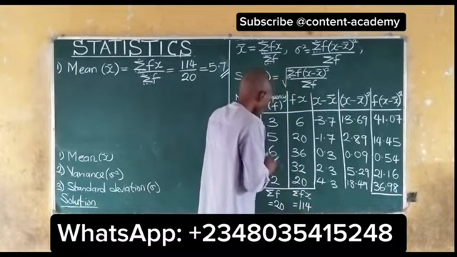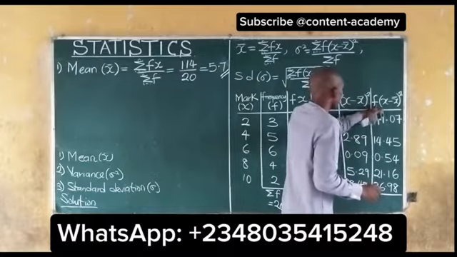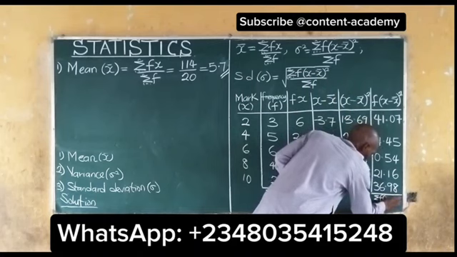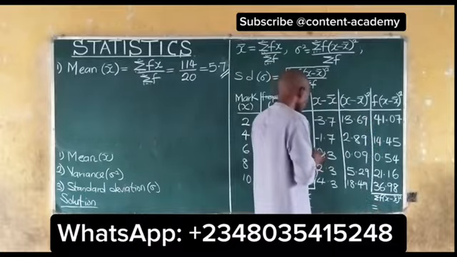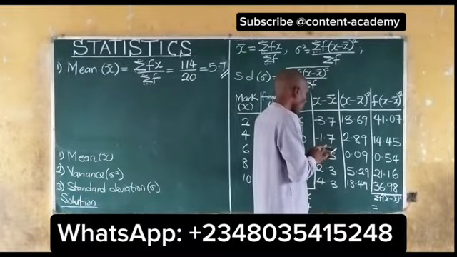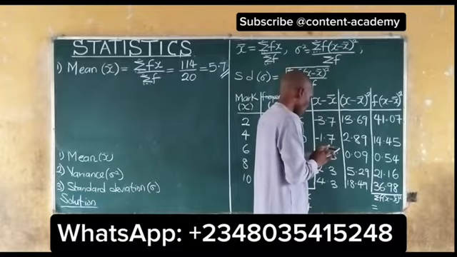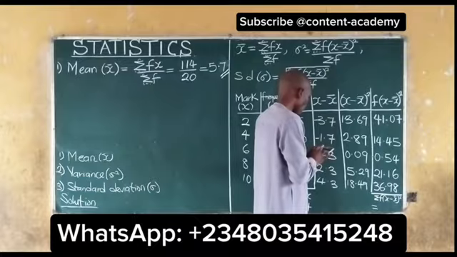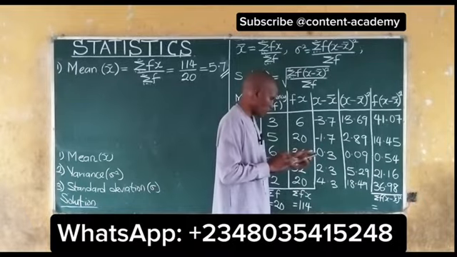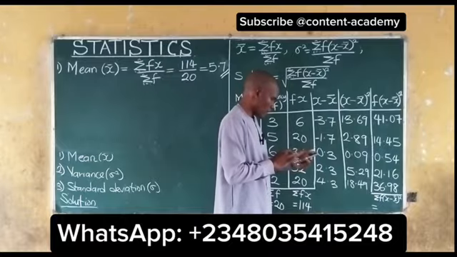We can also find the total of this because it will assist us. The summation of f of x minus x bar all squared will give us 41.07 plus 14.45 plus 0.54 plus 21.16 plus 36.98.